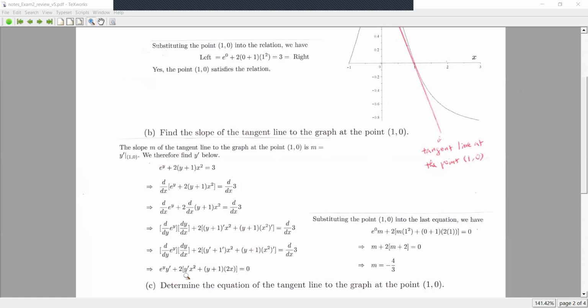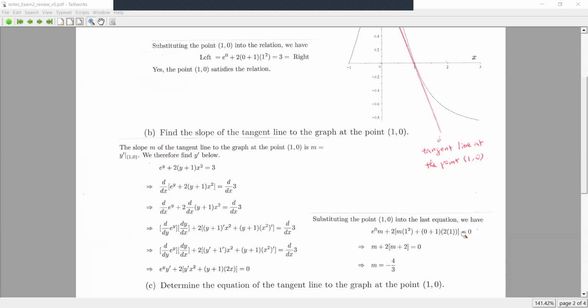Plug in the point in x squared, we get 1 squared. Plug in the point in y, y is 0, so we get 0. And plug in the point in x, we get x is 1. So we have this equation.